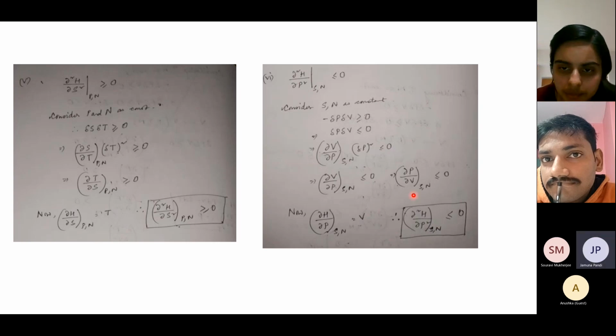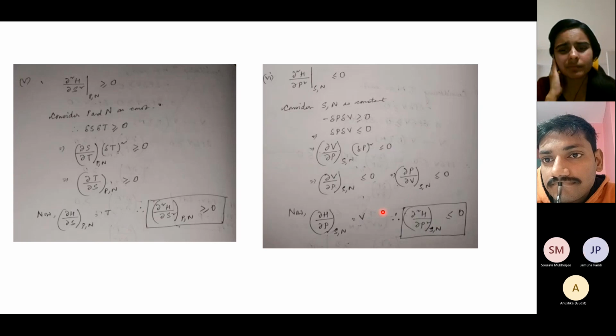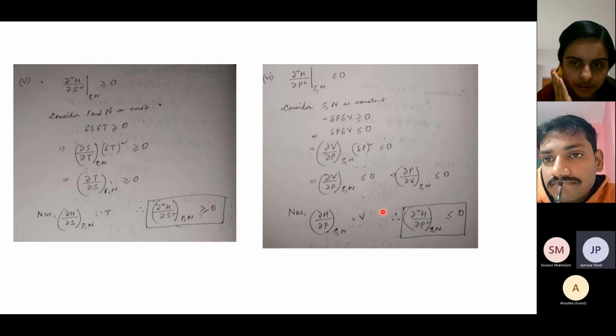So that happens when you have a sign change, right? Suppose -2 is less than 0. Now you do 1 by -2. That is also less than 0, right?